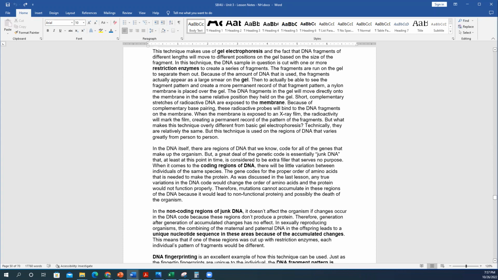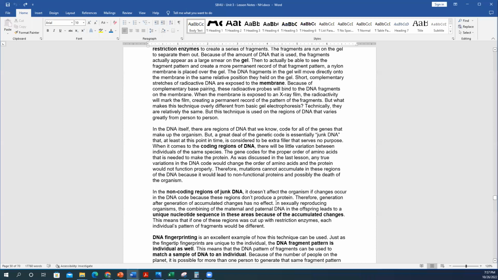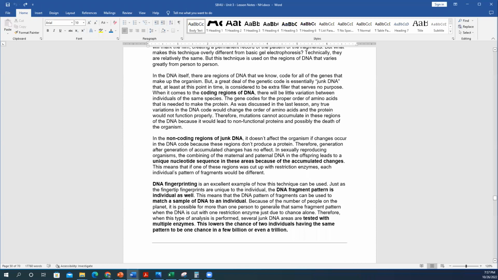We talked about restriction fragment length polymorphisms, and how they were important in being able to identify a DNA fragment pattern, for example, in DNA fingerprinting, and how this is important in non-coding regions of DNA.